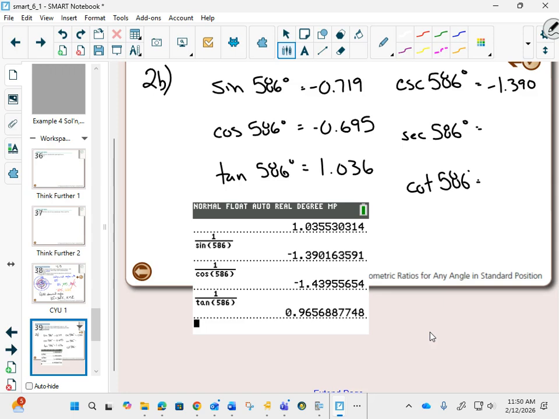That is going to be my cosecant. 1 over cos, negative 1. Oh, this is another fun rounding one. To 3 decimal places, do you see that that 4th decimal place is a 5? So if you round it up, that would make this a 0, which would make that a 4. It's tricky rounding. 4, 4, 0. And the last one, 0.966. There we have all of the trig ratios to the nearest thousandth.